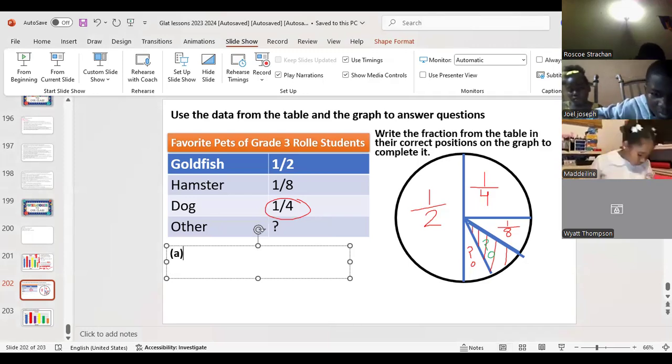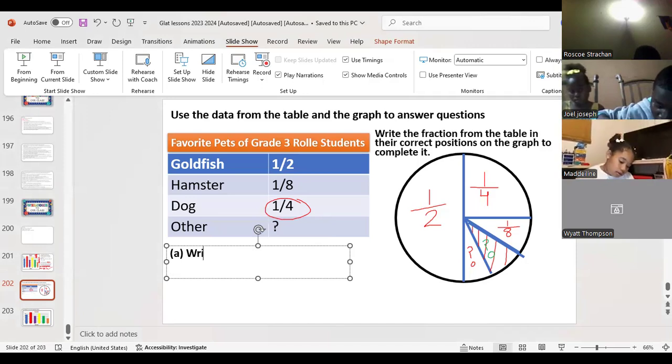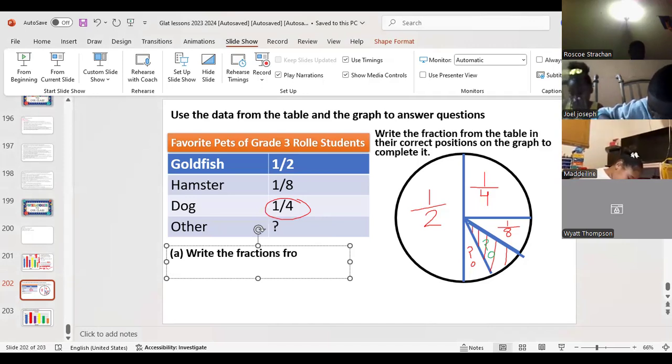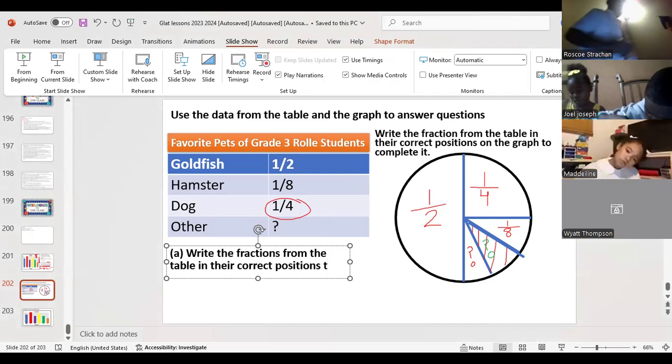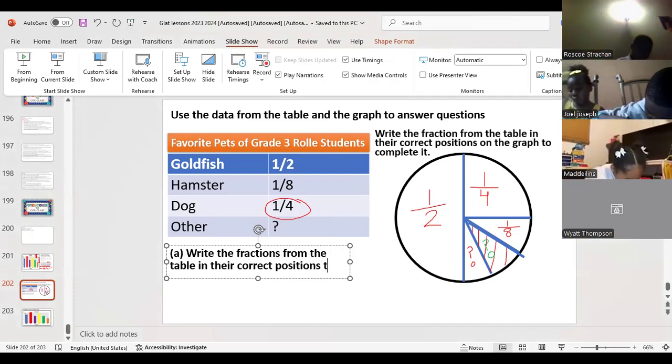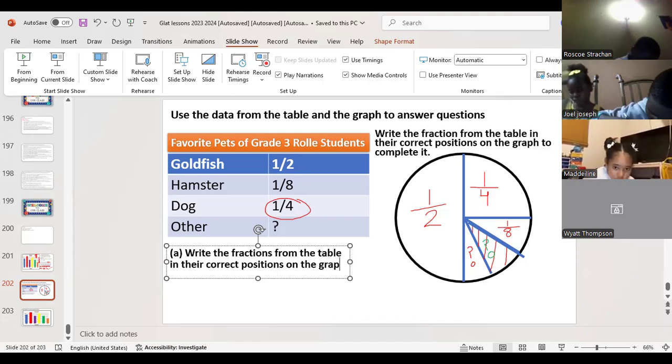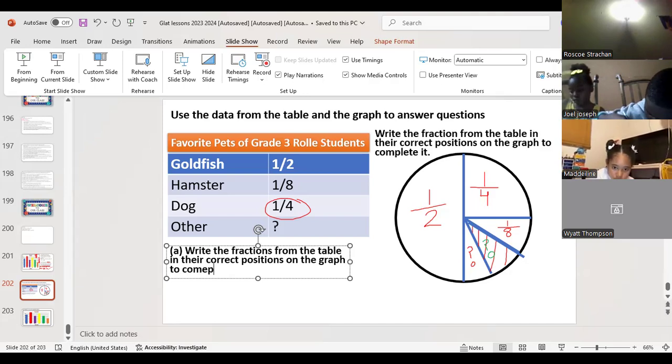A says write the fractions from the table in their correct positions on the graph to complete it.